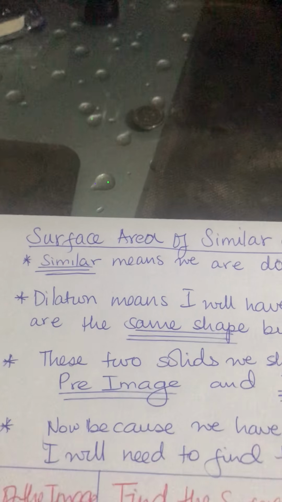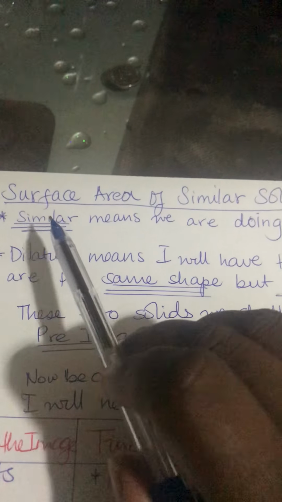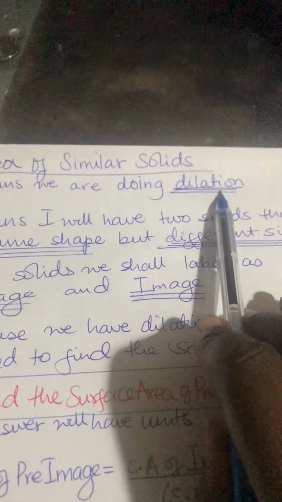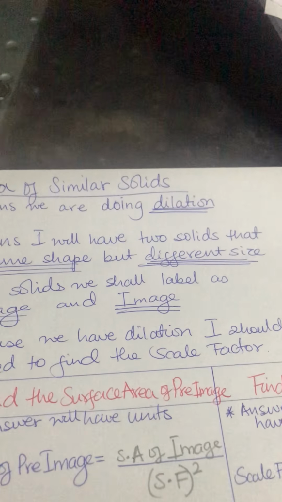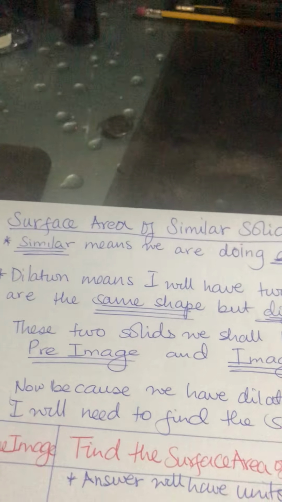Now, surface area of similar solids. The word similar means we are doing dilation. So you have to remember chapter 7 or 6, one of them. Okay?